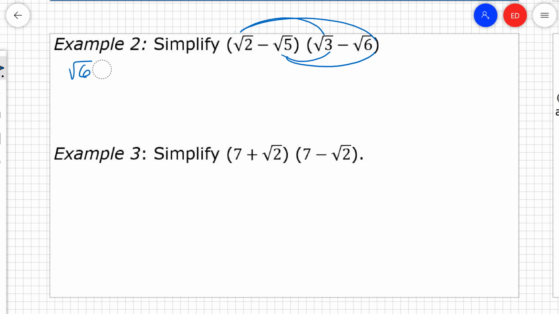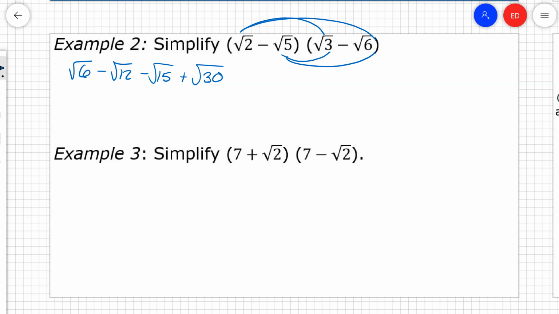That's going to end up being minus. So we're going to subtract the square root of 12. Inside, negative square root of 15. And then plus 30. Whoop, not 36, but 30.